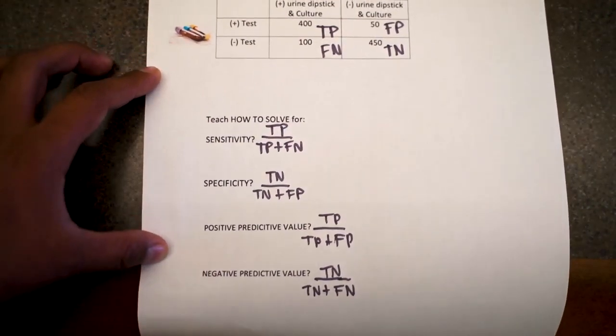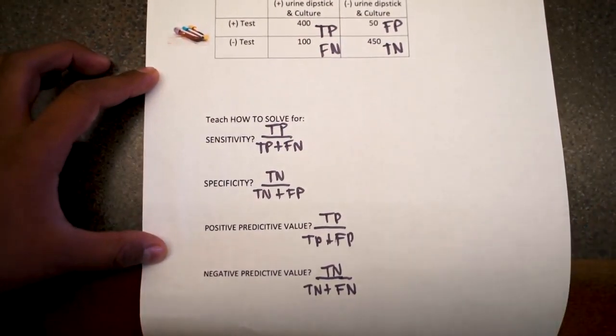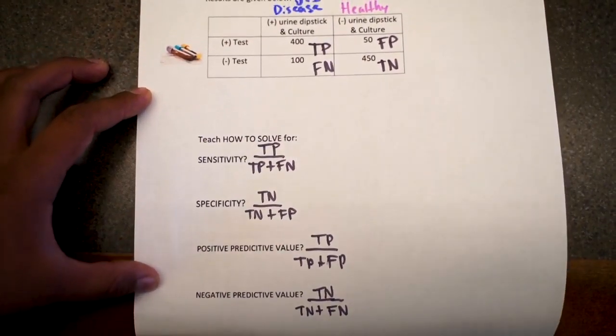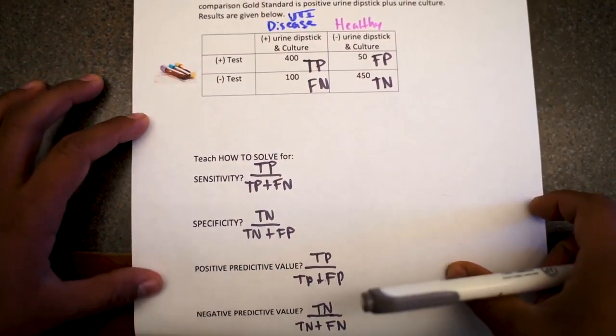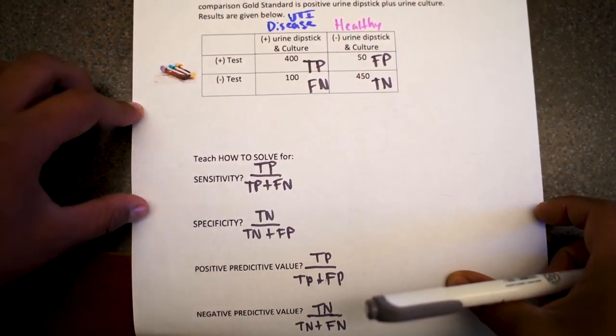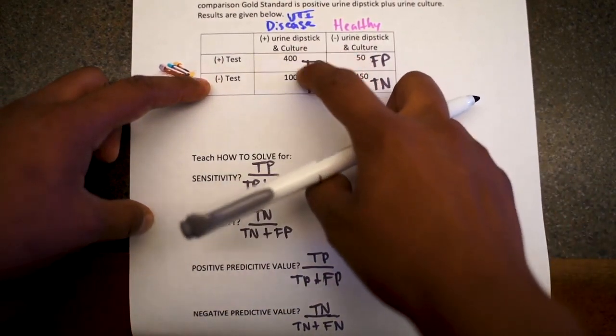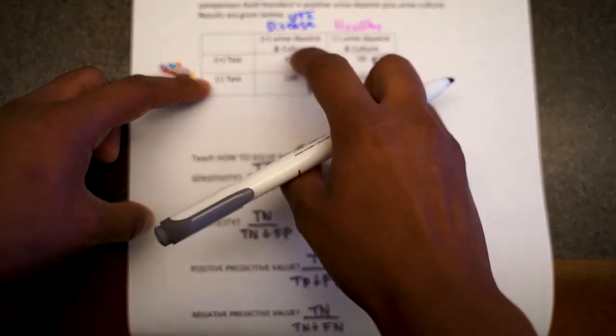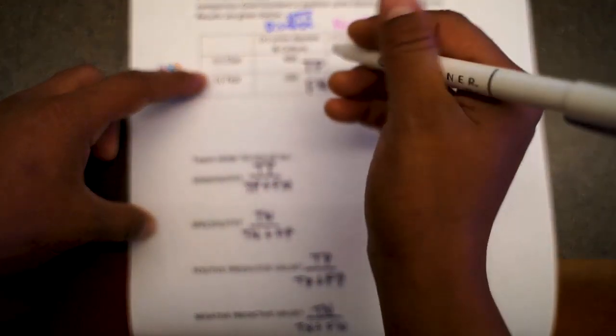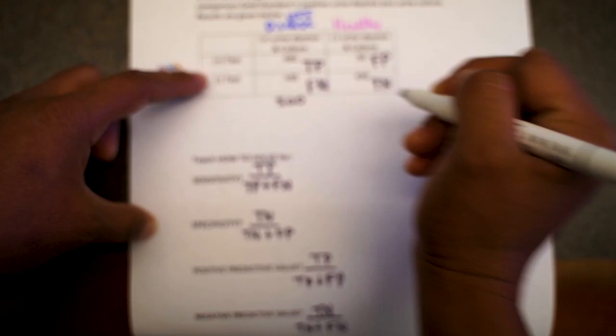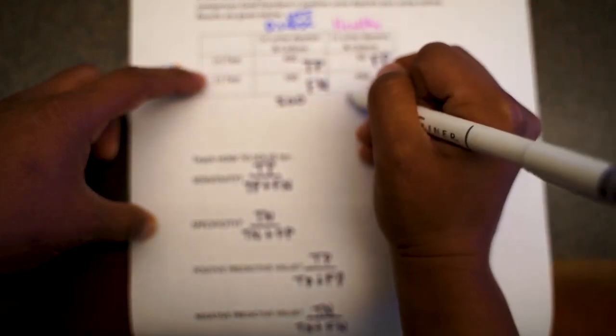Looking at our equation, this is true positive over true positive plus false negative. Right off the bat, to make these equations easier, I'd add these two numbers and these two numbers, because that way it'll give us the total of our diseased individuals, which in this case is 500, and the total of our healthy individuals, which also is 500.